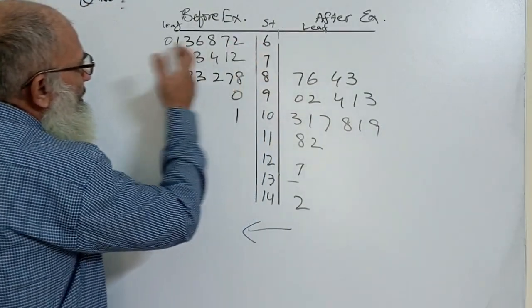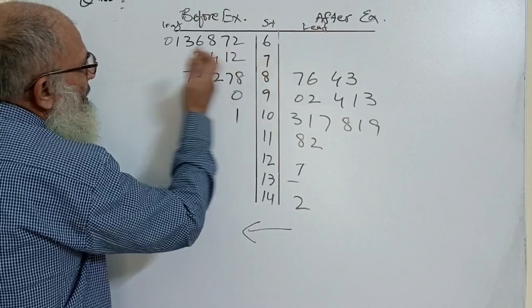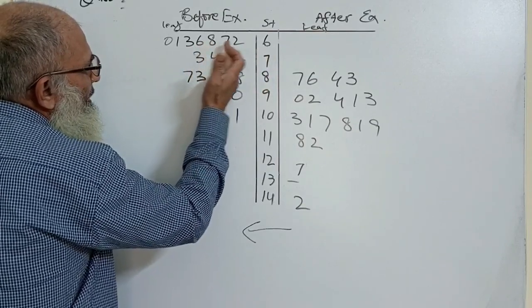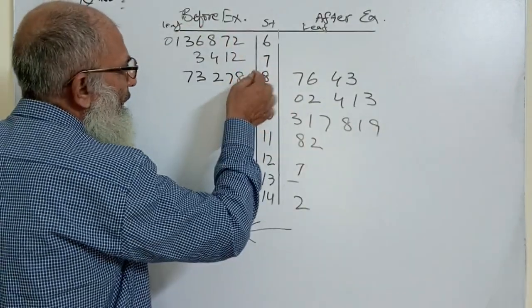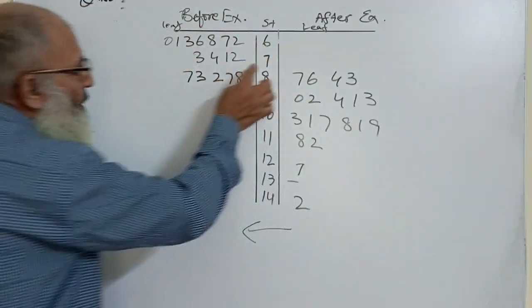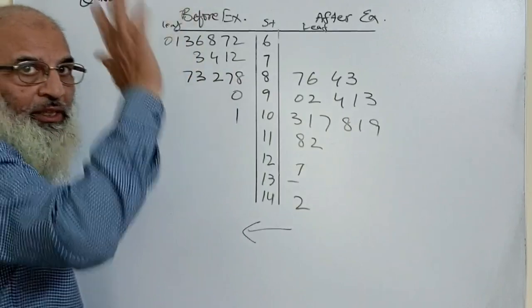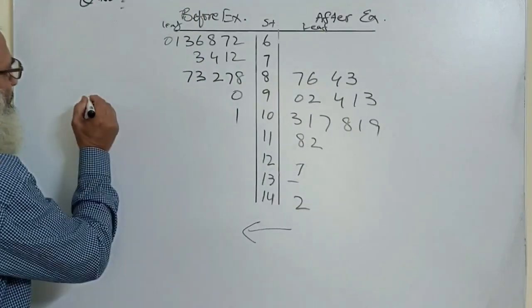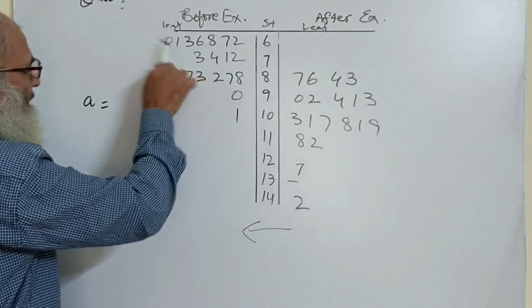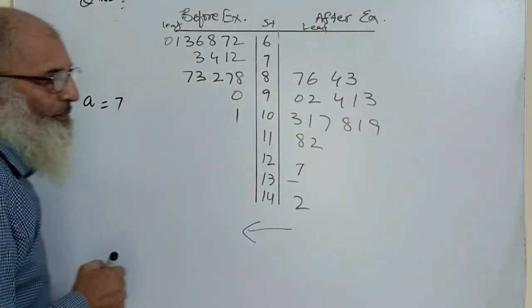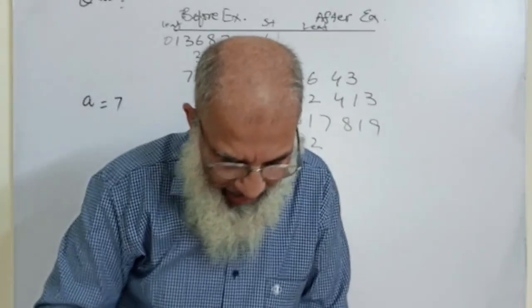So this is 61, 62, 63, 66, 68, 67. But the question asks from 60 to 70. Now here it is 71, so it goes beyond our range. So the answer for A will be 1, 2, 3, 4, 5, 6, 7. 7 people.